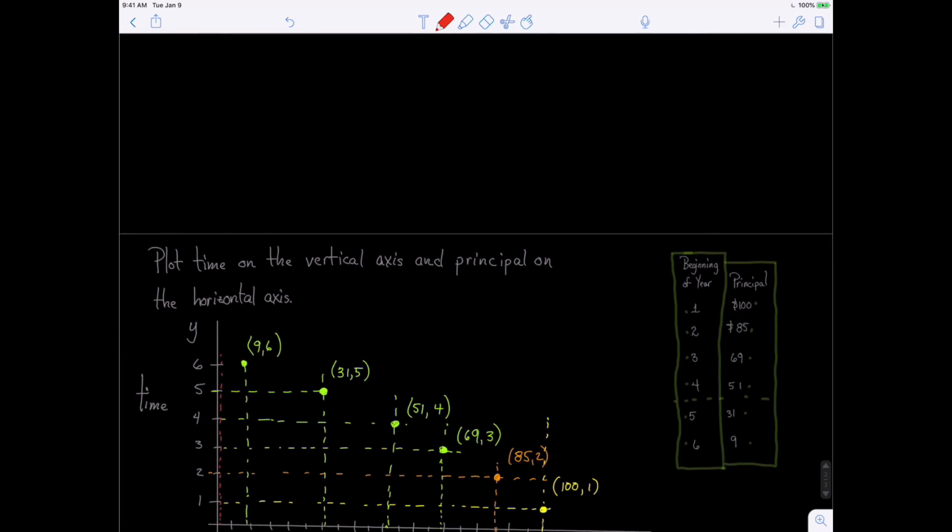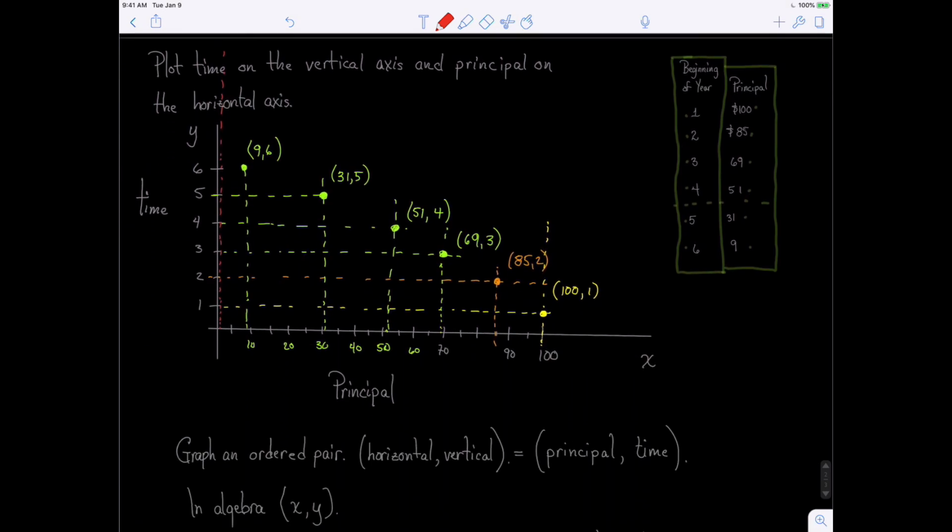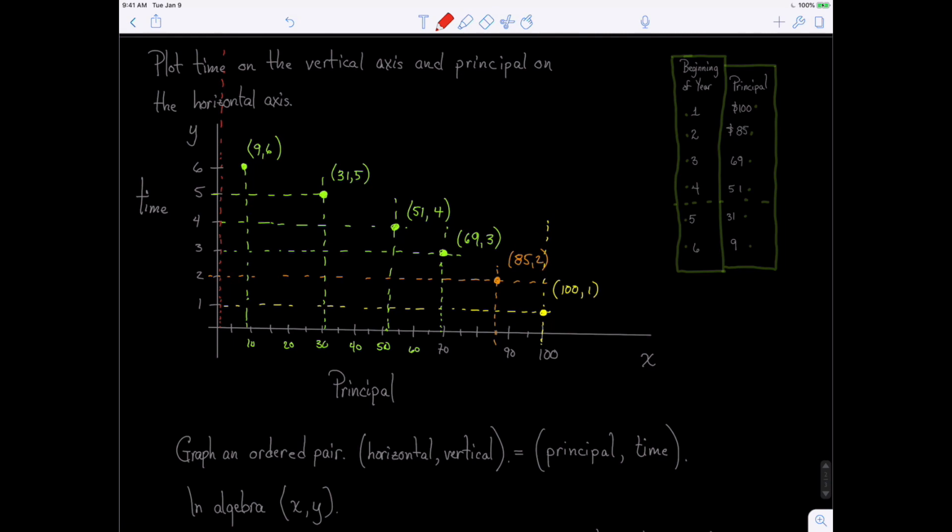Goodness gracious, that's going to take me far, far above that, and eventually we'd land at 100. So the order of the pairs does matter. Whenever an order is given, you need to adhere to that order very closely.